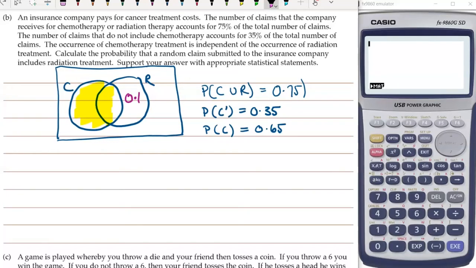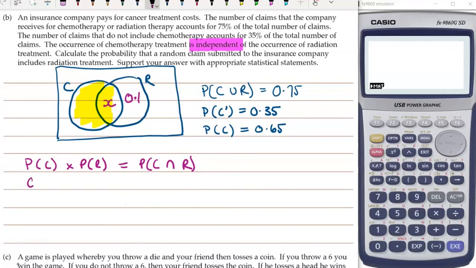Now the other bit of useful information is that these two things are independent. Now, if they're independent, it means the probability of C times the probability of R will equal the probability of C and R, C and R being the overlap piece just here. Let's try calling that overlap X to represent the amount in there.